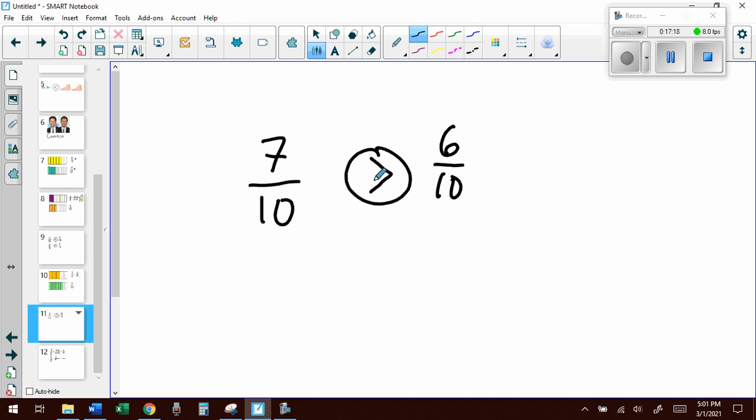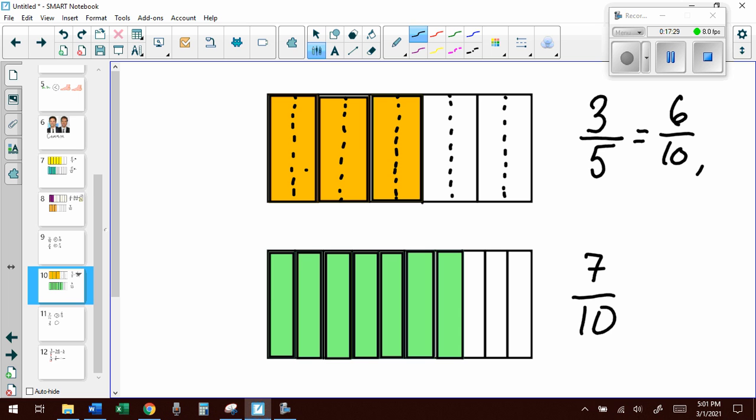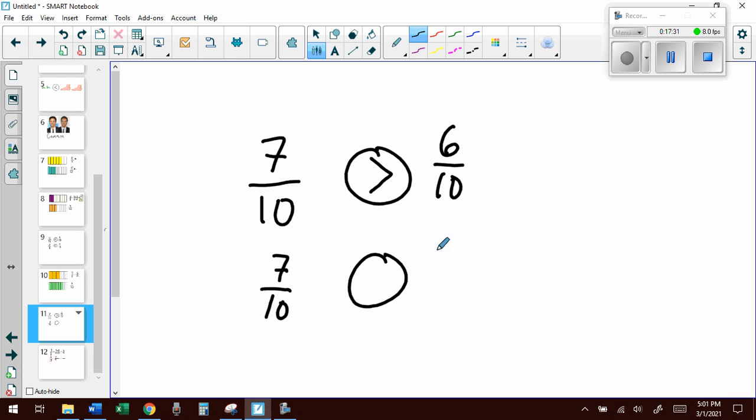However, when we write our final answer, we can't use equivalent fractions. We must use 7/10 is greater than 3/5.